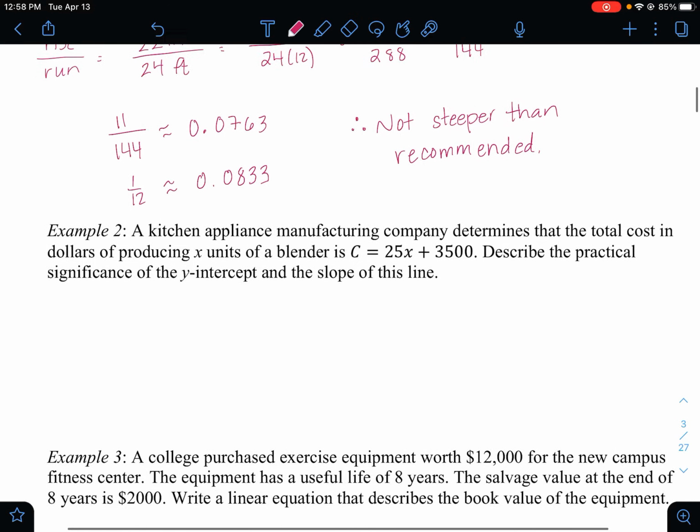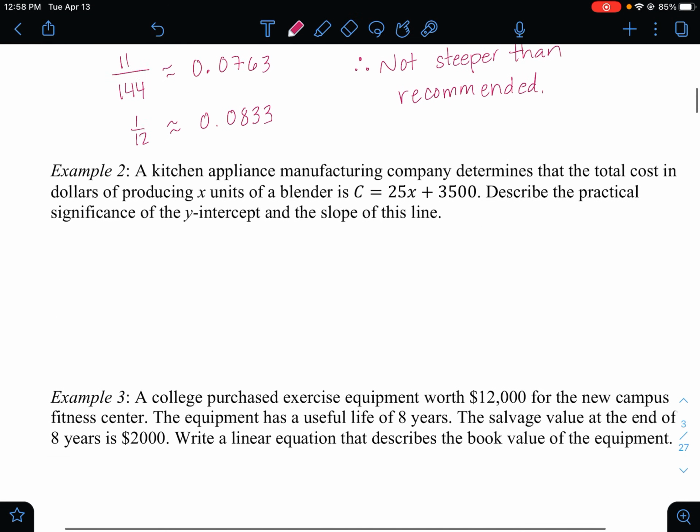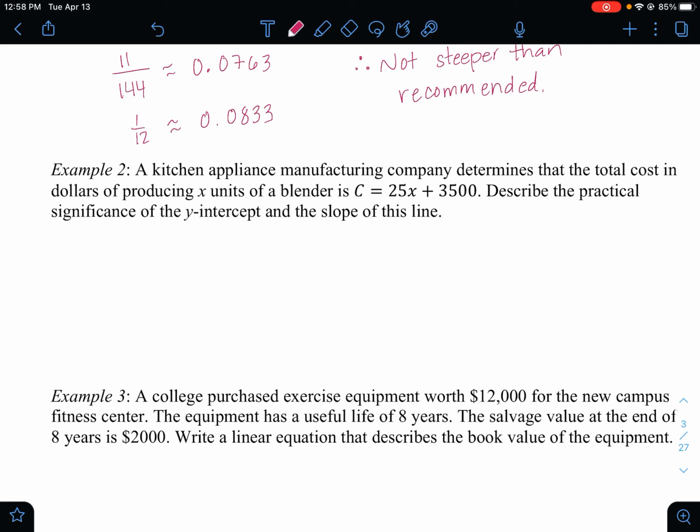All right, example 2. It says a kitchen appliance manufacturing company determines that the total cost in dollars of producing x units of a blender is C equals 25x plus 3,500. Describe the practical significance of the y-intercept and the slope of this line.